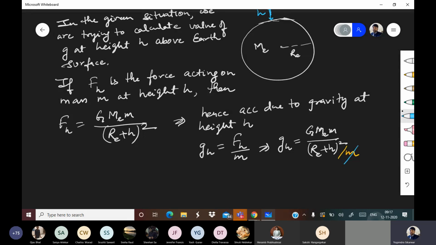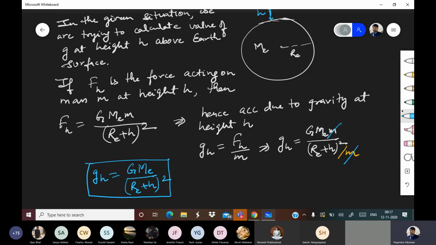So this m and this m get cancelled. So gh comes out to be G Me upon (Re plus h) whole square.